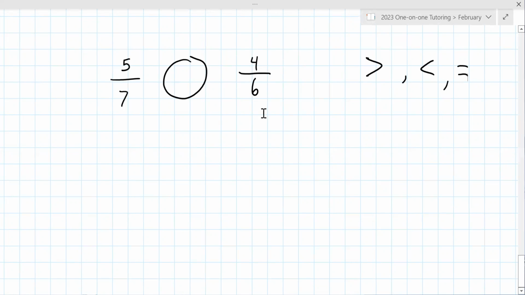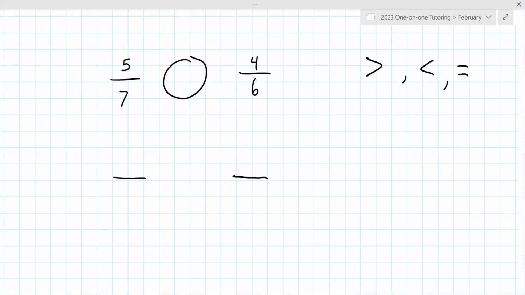Okay, so I guess 5/7 is larger. How do you know that without doing something here? Because the denominator is larger. I don't know. You want to make a common denominator here. Okay. So you're going to use this 6 on the right and multiply the top and bottom by 6. And then this 7 on the left and multiply the top and bottom.